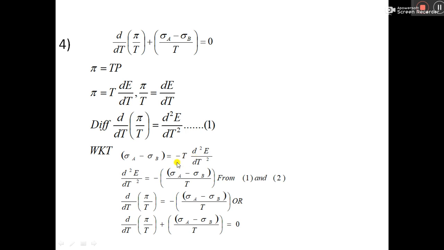From the second relation, d square E by dt square is equal to minus of sigma A minus sigma B by T. From 1 and 2 we get d by dt of pi by T is equal to minus of sigma A minus sigma B by T. If we take this to the left hand side, it becomes plus: d by dt of pi by T plus sigma A minus sigma B by T equals 0.